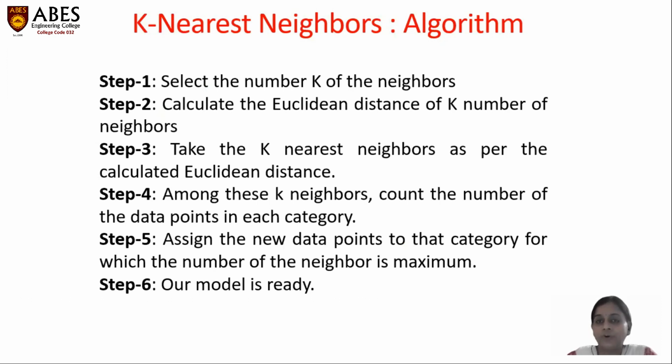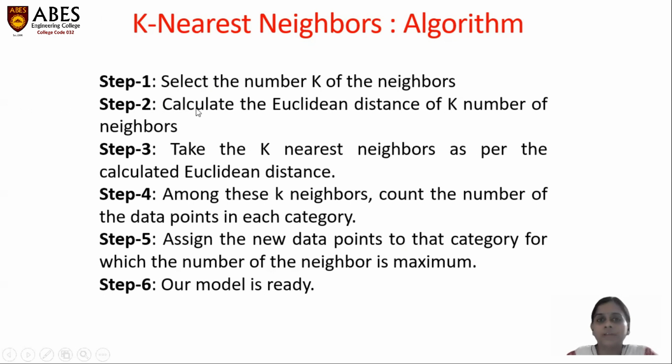That means the majority voting rule is applicable on how many neighbors. That number you have to decide. The accuracy of the KNN algorithm when you are implementing it depends highly on this K. It should be optimal, neither too low nor too high.